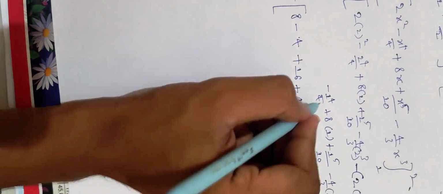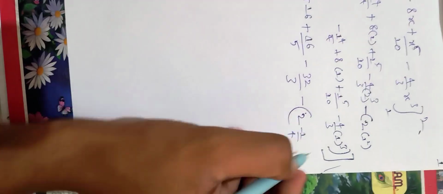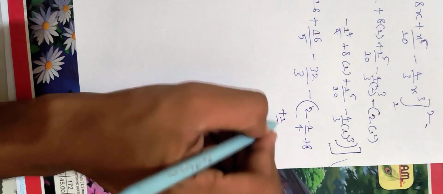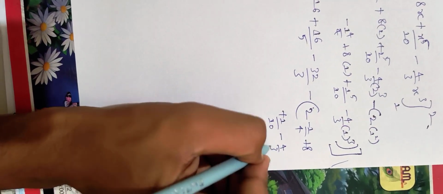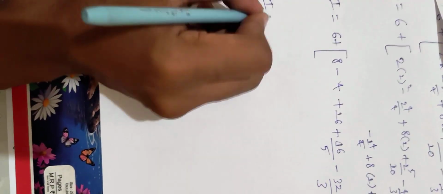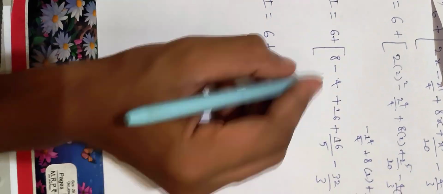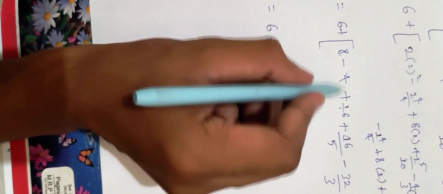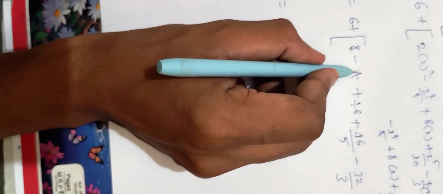Minus here: 1 by 4 plus 8 plus 1 by 10 minus 4 by 3. Just add and subtract the terms. So 16 plus 8 is 24, minus 4 is 20.